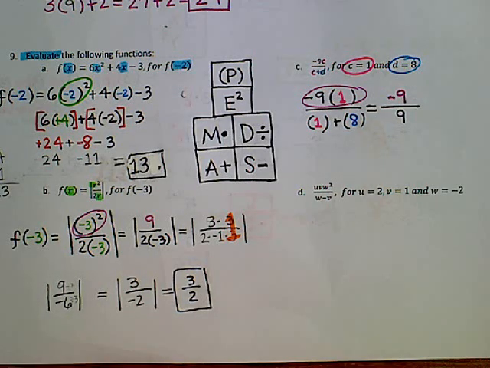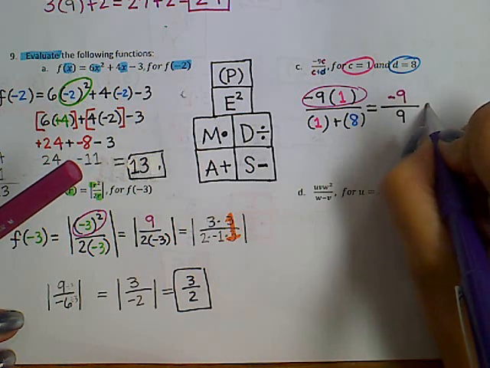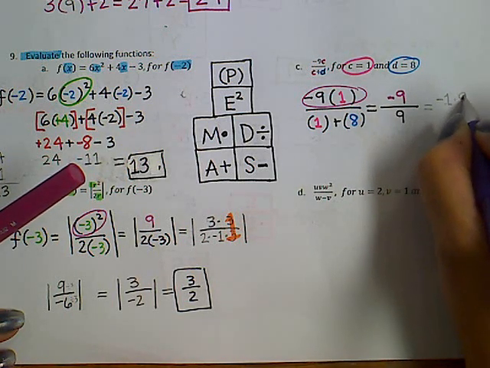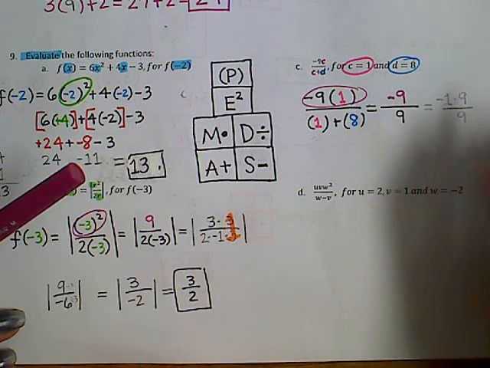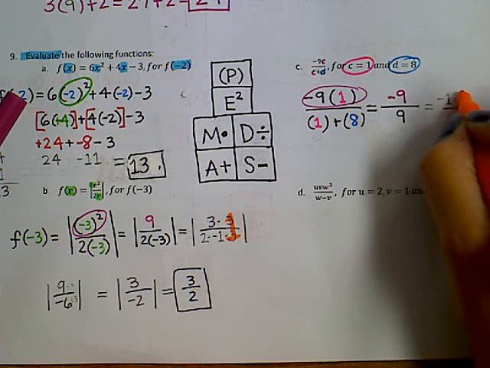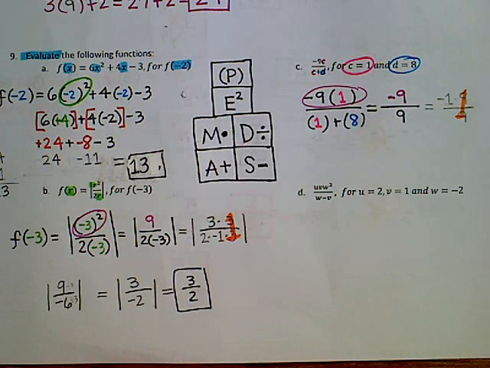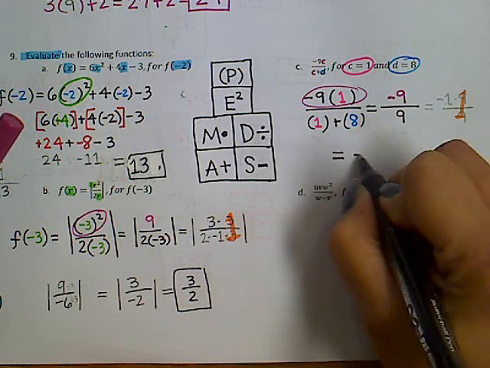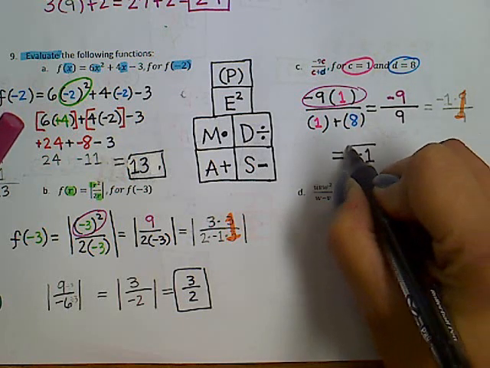So if I were to break this apart, let's say negative 1 times 9 over 9. My 9 over 9 would, of course, reduce to 1, leaving me with a final answer of negative 1.